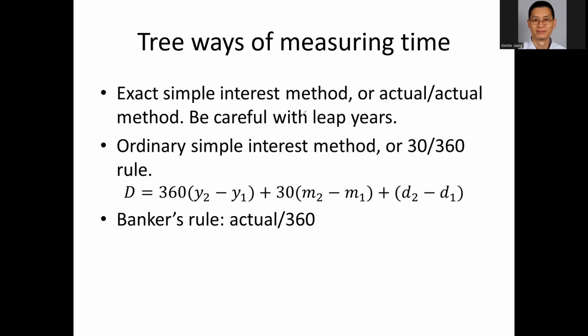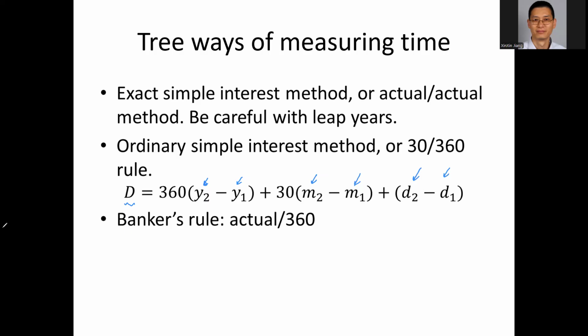Then there's another way, called the ordinary simple interest method, or 30/360. You treat each month as 30 days and each year as 360 days, so 30 times 12. And this is the simple formula to calculate the number of days, which is 360 times the second year minus the first year, plus 30 times the second month minus the first month, plus the second day minus the first day.